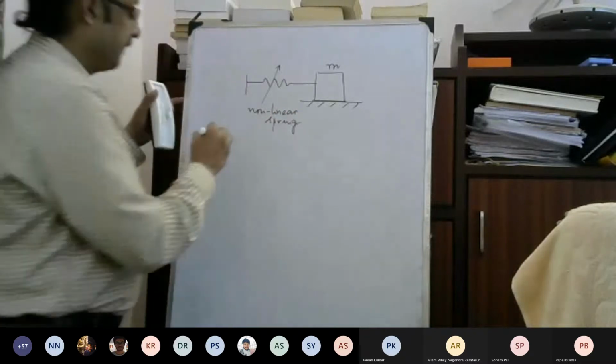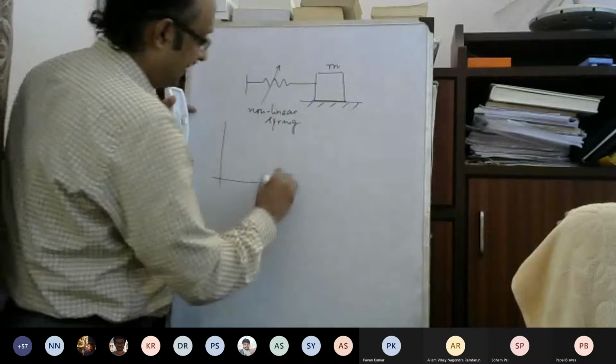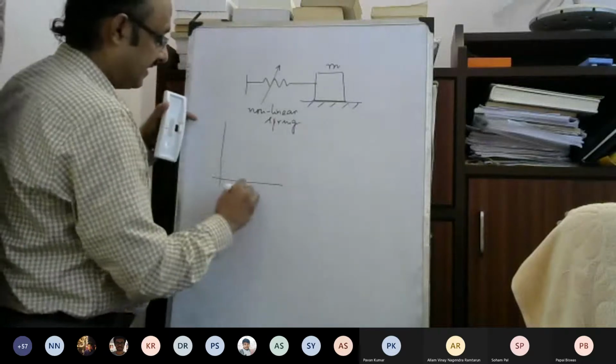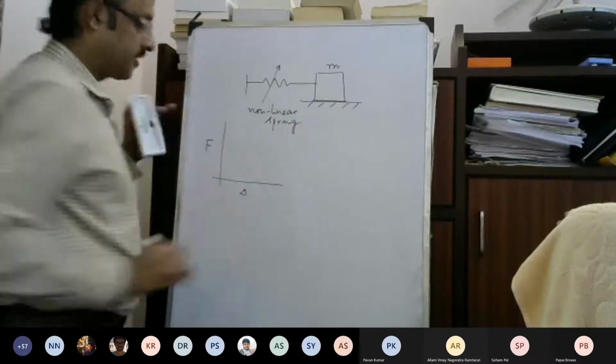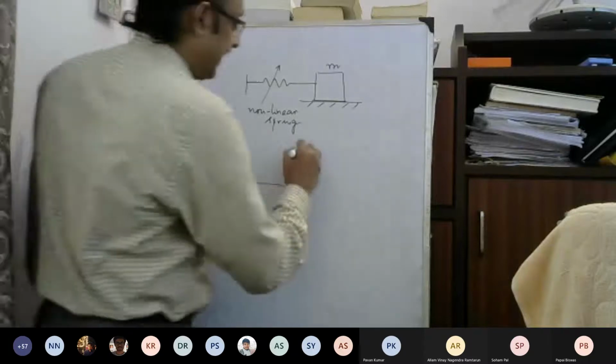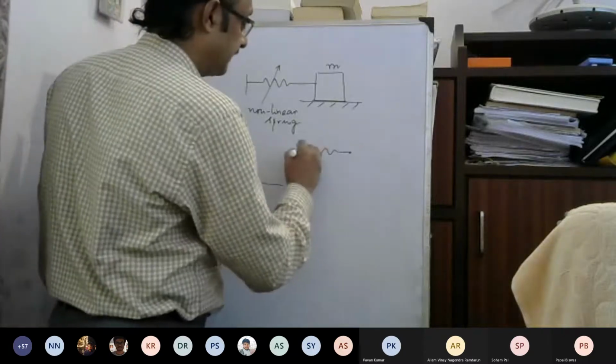Non-linear spring, it means what? If you consider the spring, then delta versus spring force, suppose the spring is stressed by an amount delta.